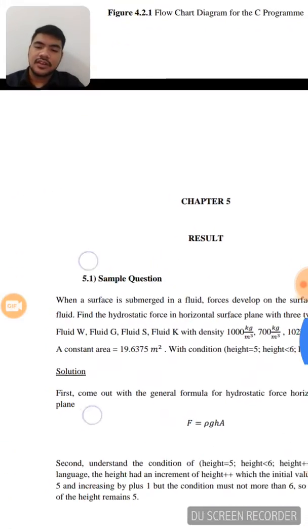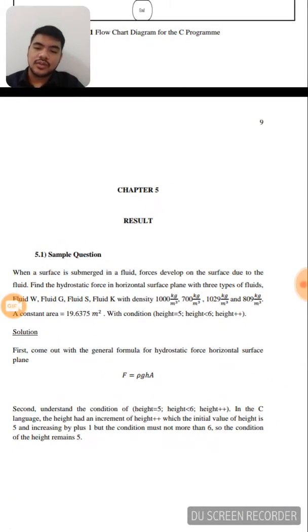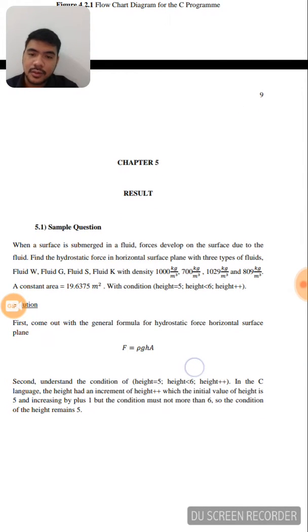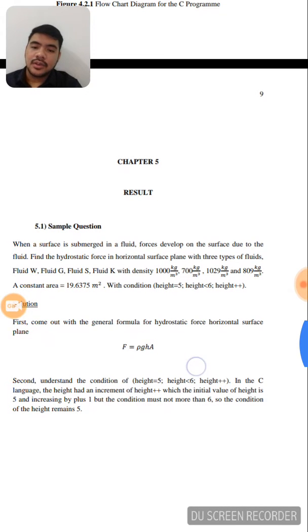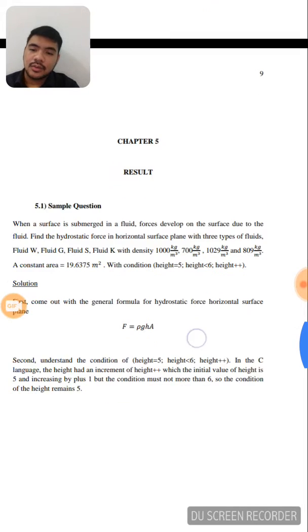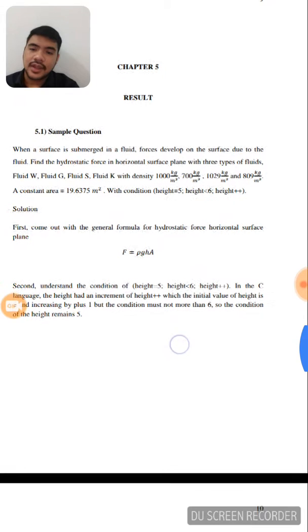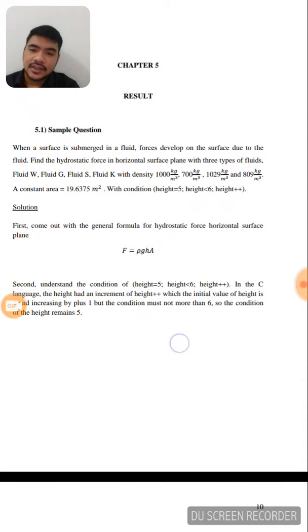For chapter 5, we need to construct a sample question. When a surface is submerged in a fluid, forces develop on the surface due to the fluid. Find the hydrostatic force on a horizontal surface plane with four types of fluid: fluid W, fluid G, fluid S and K, with densities of 1700, 1029 and lastly 109.